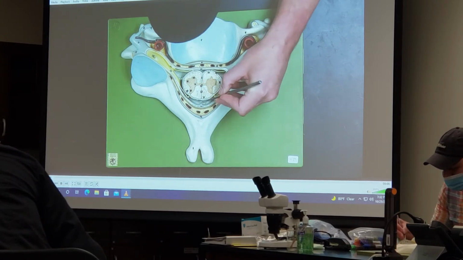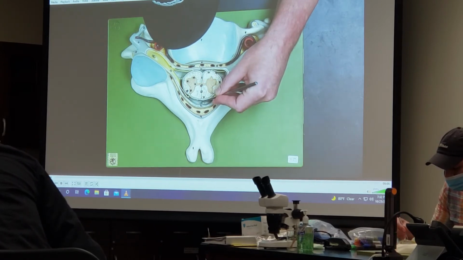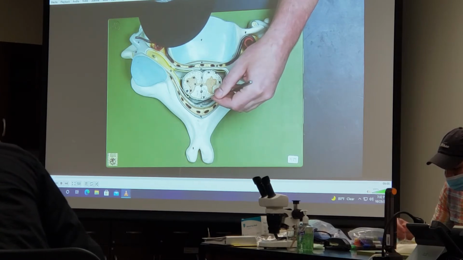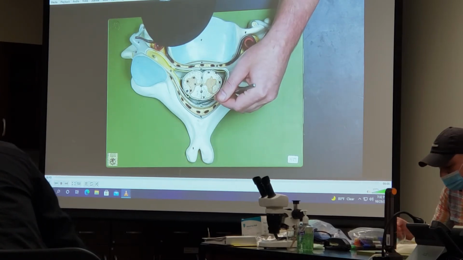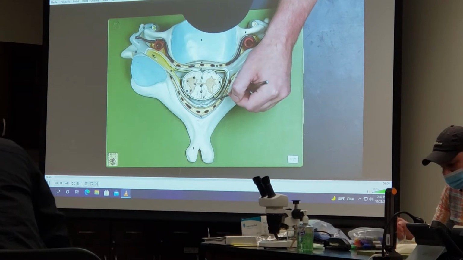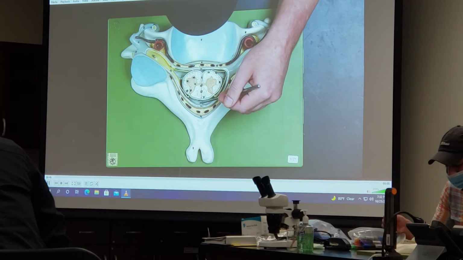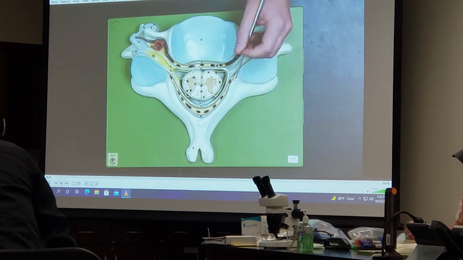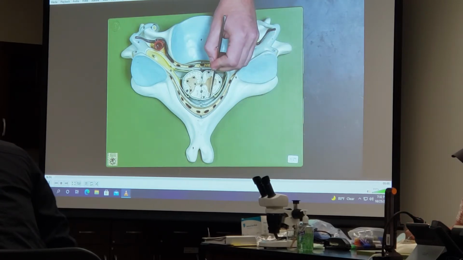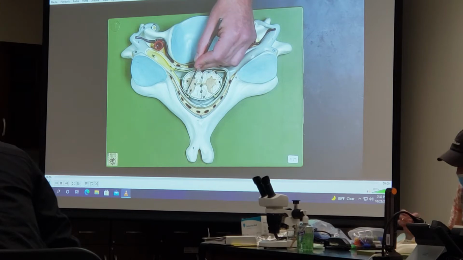Deep to that is the arachnoid mater. Here is the subarachnoid space. What's going to be in there? CSF. Cerebrospinal fluid. On the surface of the spinal cord is the pia mater.